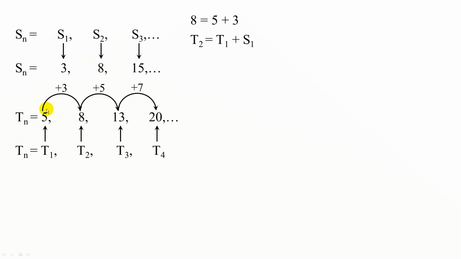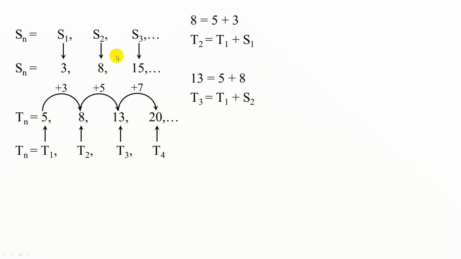So how do you relate the 5, the 8, and 13? Actually, this 13 comes from 5 plus 8, right? And as you can see here, 13 is T3, right? Your 5 is T1, always T1, right?